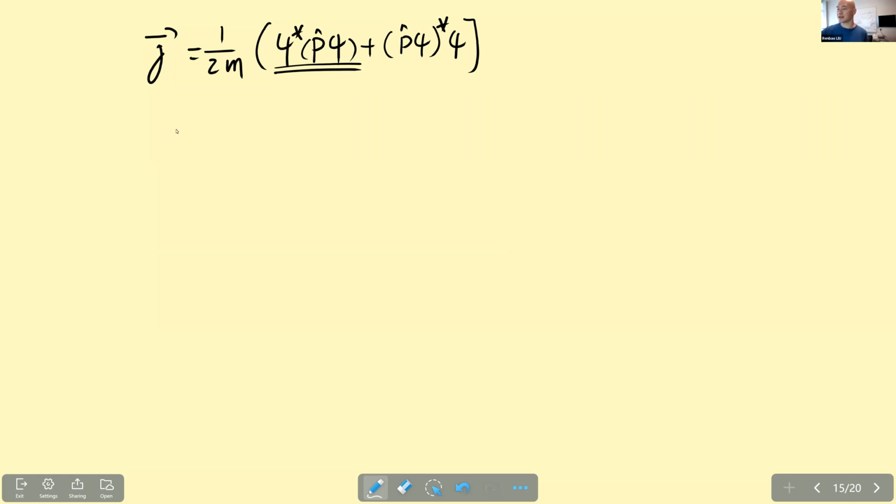So you can interpret it as the local velocity, weighted by this wave function. Right, so this one is the current.